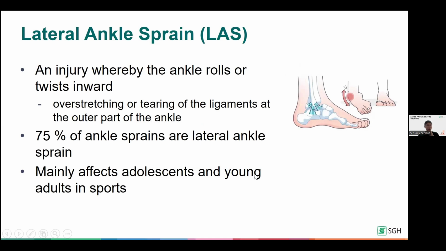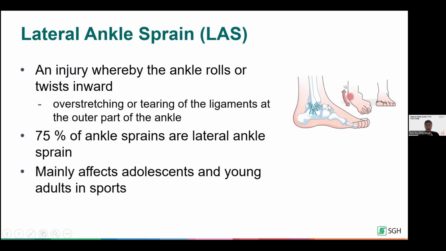So we will start with what a lateral ankle sprain is first. Just now, Dr. Do mentioned that it is an injury whereby the ankle rolls inwards and points downwards, and you can see that in the pictures on the right side.